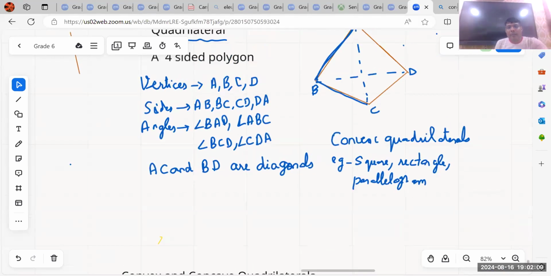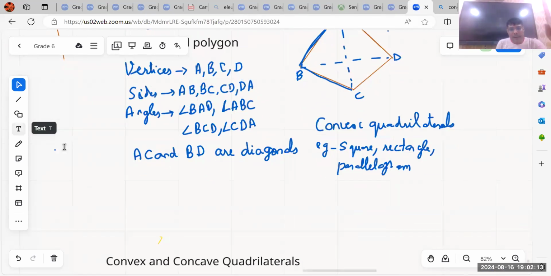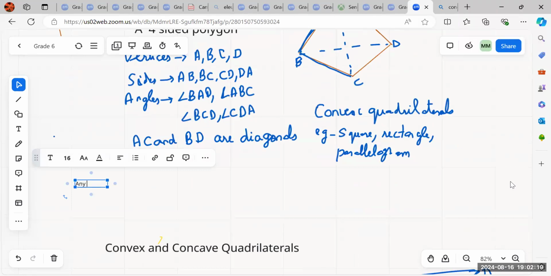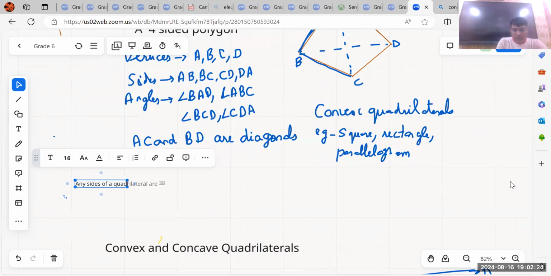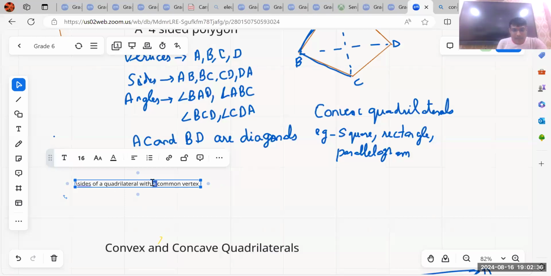So what I am trying to say is that any two sides with a common vertex. Sides of a quadrilateral with a common vertex are called adjacent sides, meaning neighboring.